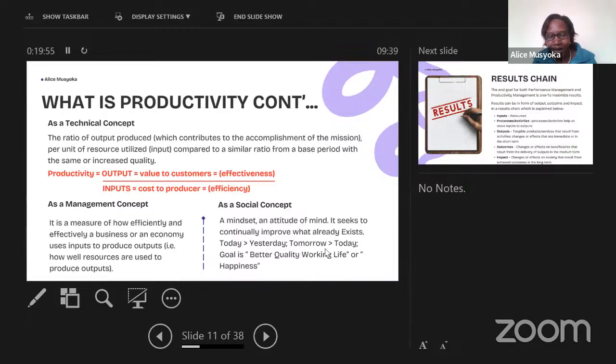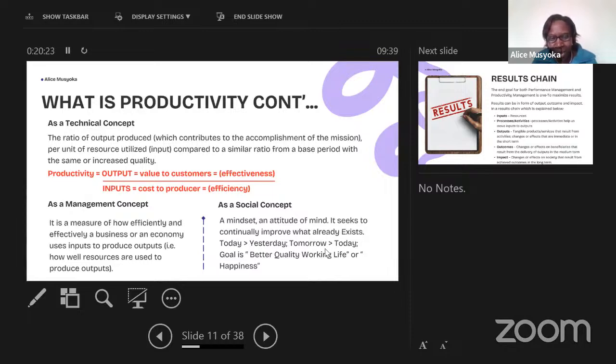It is an attitude, a mindset. Or in an organization where employees would say, our company is so rich, we work for a rich company, a mindset. So they begin using resources in a wasteful manner. So there cannot be productivity when people have that mindset.